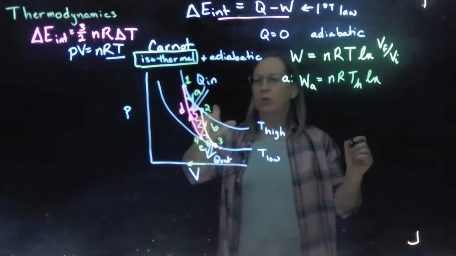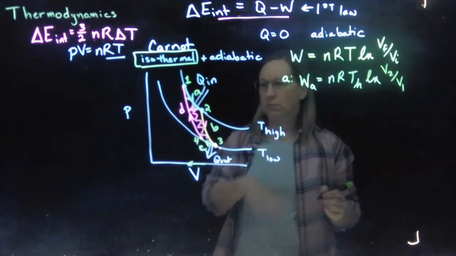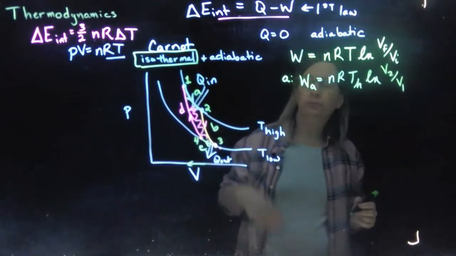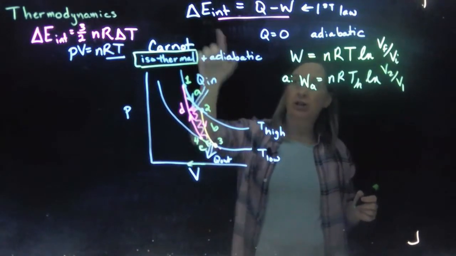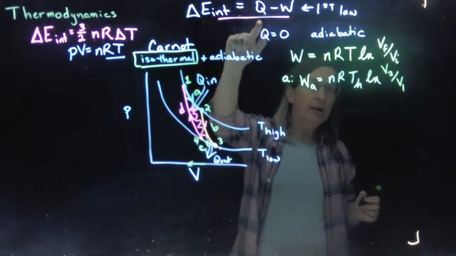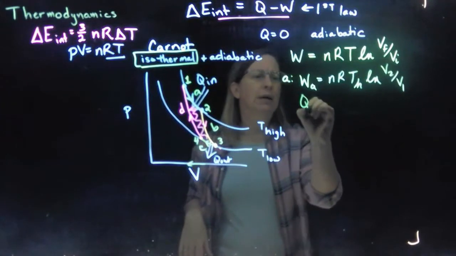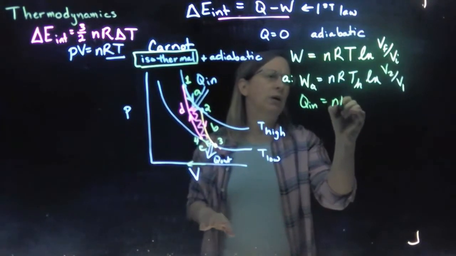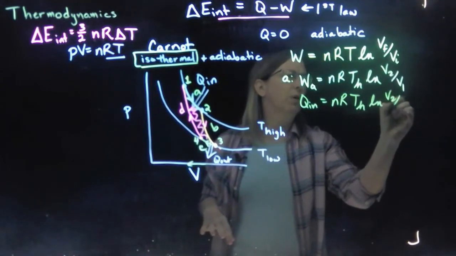So natural log of V2 over V1. That's the work for A. The change in internal energy is 0 because it's the same temperature. So the heat that's going in is the same thing as this. So Qin is equal to nR, temperature high, natural log of V2 over V1.